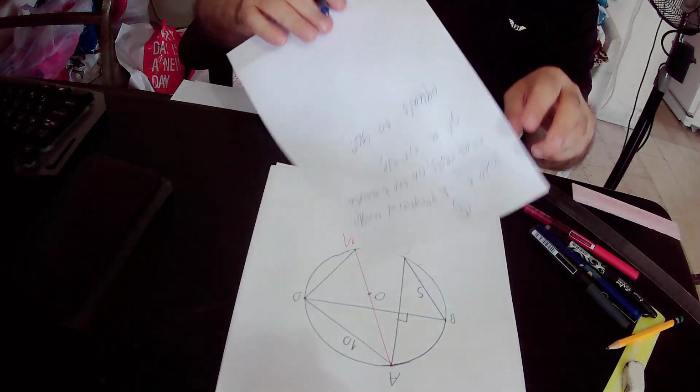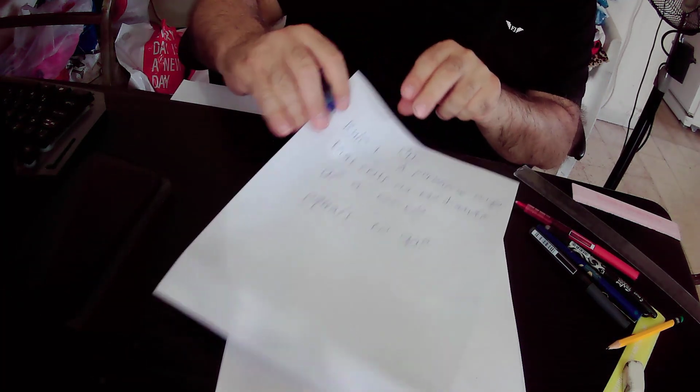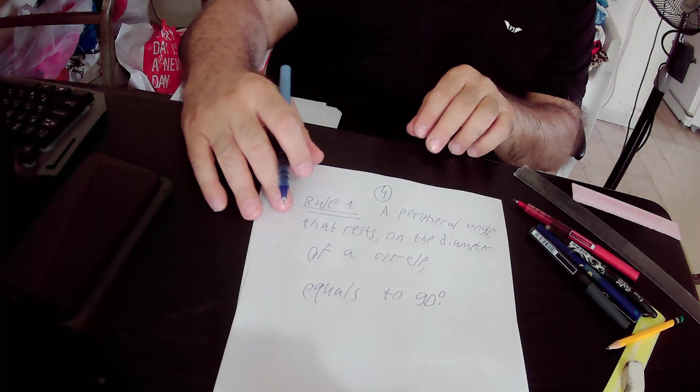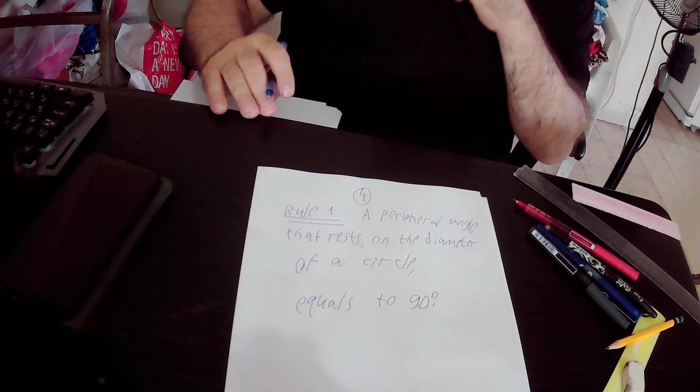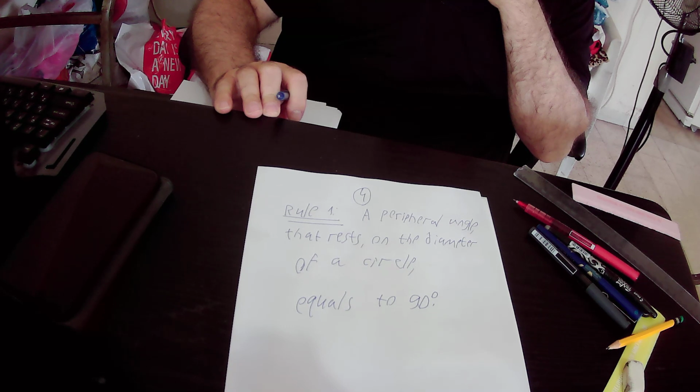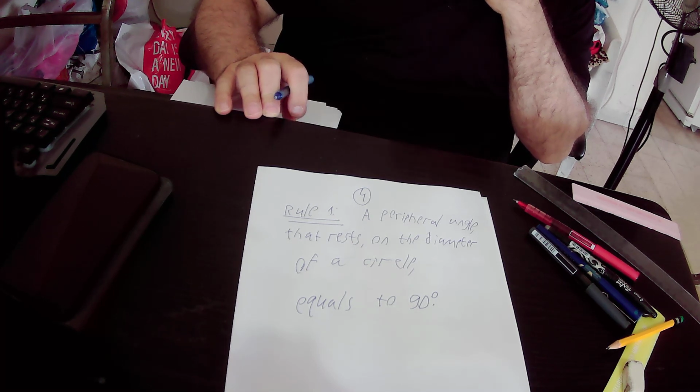So I will read again rule number 1. Rule number 1 states that a peripheral angle that rests on the diameter of a circle equals 90 degrees.